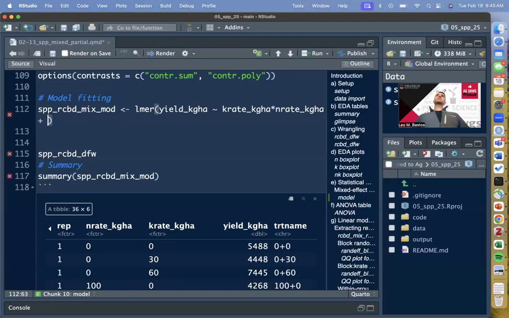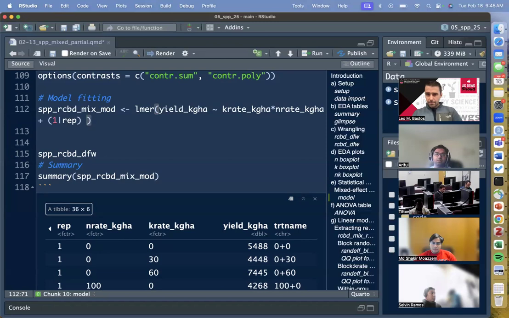Can someone help me to remember, if for one second we forget that we're coding for a split plot and we just assume that we're doing the random blocks RCBD like we did last time, how would we specify that random effect here? So in other words, how would we specify the random effect of block by itself? One vertical bar rep. Okay, one vertical bar rep, right? Was that Shakir?